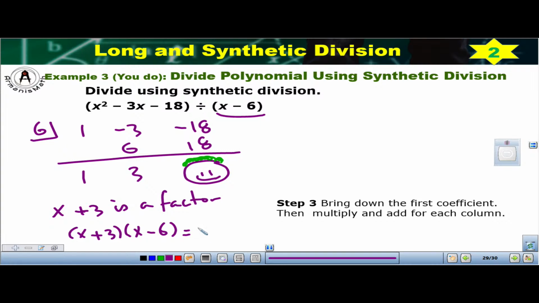Of this quadratic. Here we go. Happiest smiley face ever. So if you end up with 0, that means whatever you're dividing by is a factor. And in this case, x plus 3 is a factor. And you actually could use the box to multiply this out. You will end up with this polynomial as an answer.